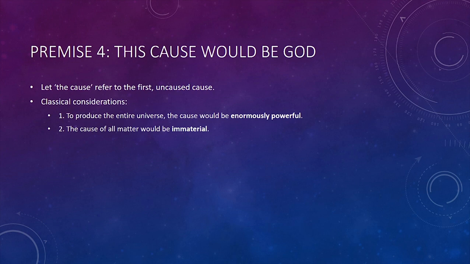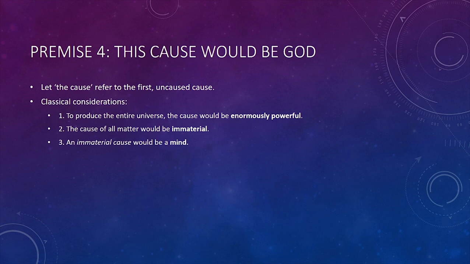So if the material world had a beginning, then the cause of the material world would be immaterial. Now, one might respond to this by suggesting that maybe the material world didn't have a beginning. Maybe the material world divides into two types. There's matter that began to exist, and then there's this first cause, which is material, but that didn't begin.